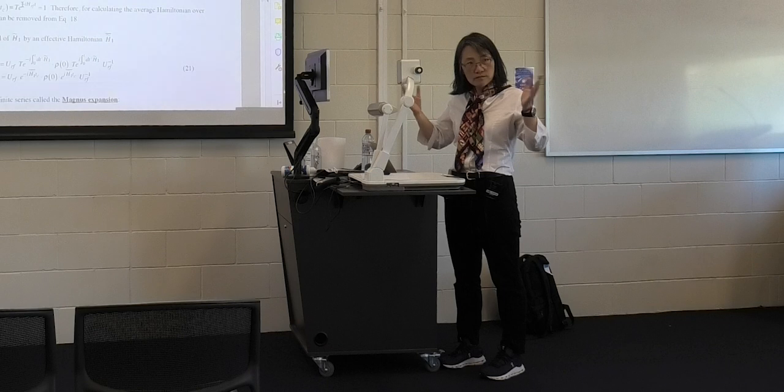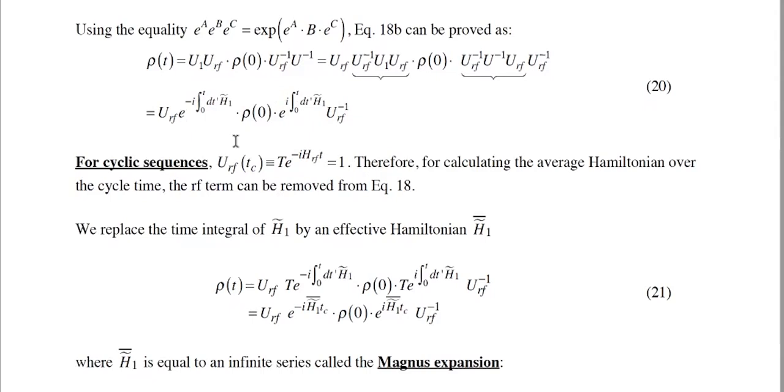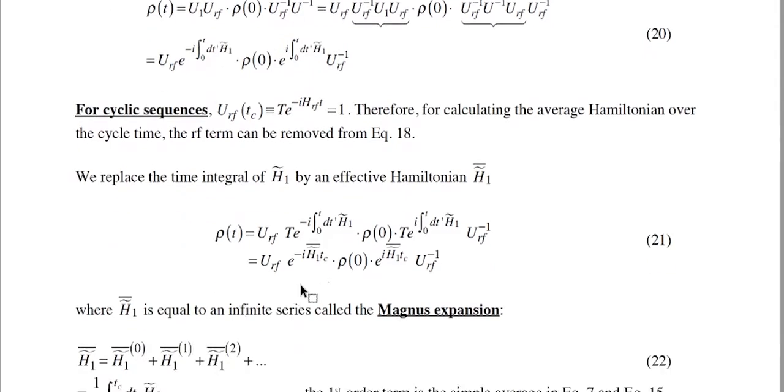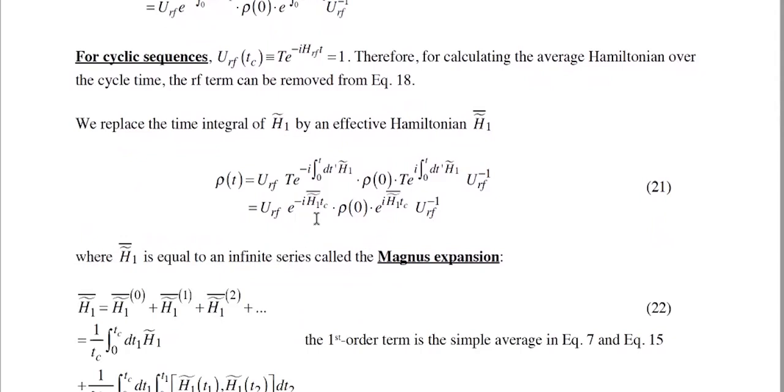All right, so the cyclic sequence condition is usually satisfied. Okay, given that U_RF for cyclic sequences is equal to 1, then of course, rho of t gets very simple. It's basically equal to, you can drop the U_RF part, and then you can just have the e to the minus I H1 average Hamiltonian times T_C.